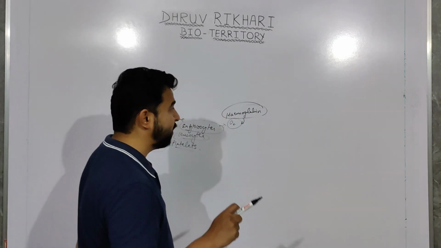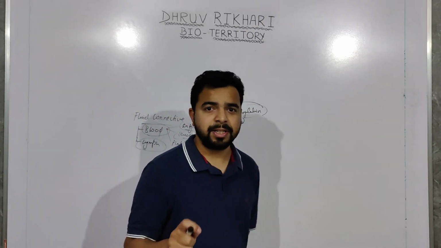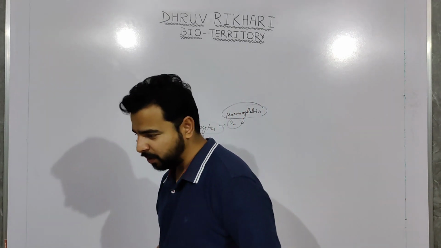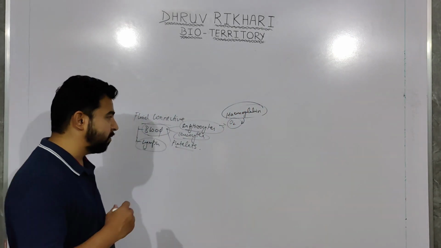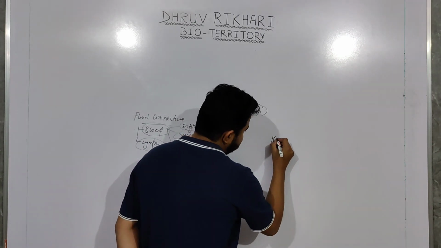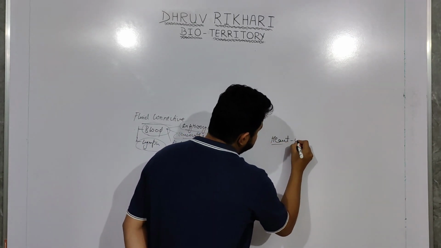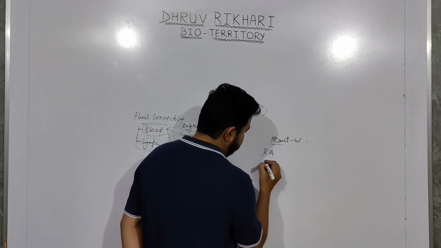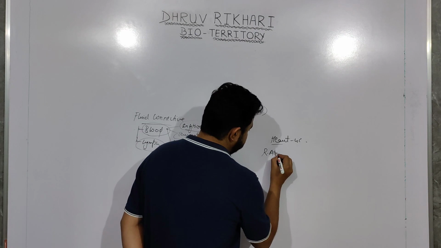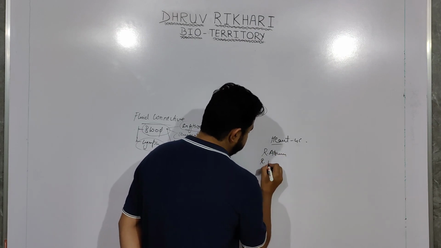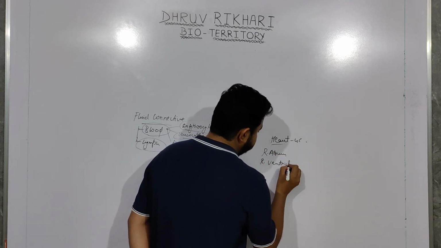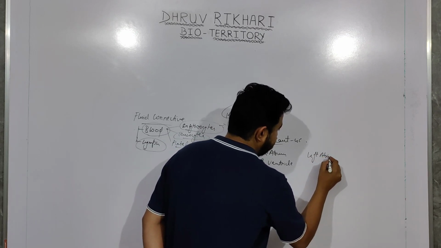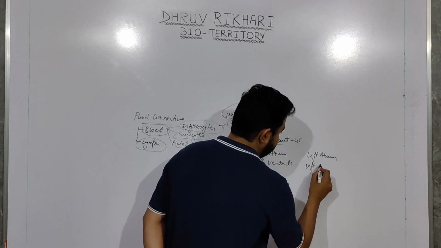So in purification, we will understand the double circulatory system as well as the function of the blood vascular system or heart, right? So what is happening in case of the heart? First we will try to understand that the human heart has 4 chambers. And these 4 chambers are the right atrium, right ventricle, left atrium and left ventricle.